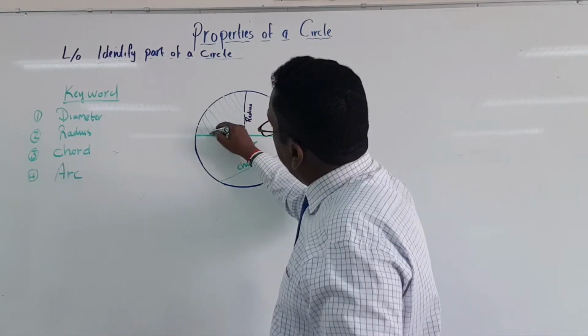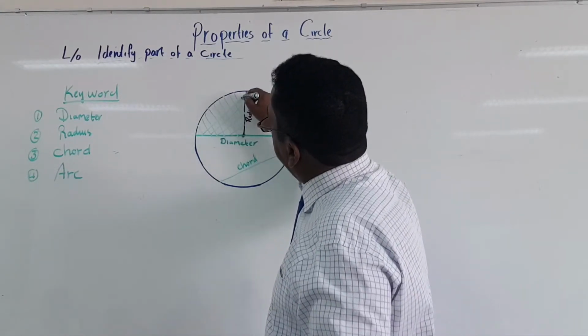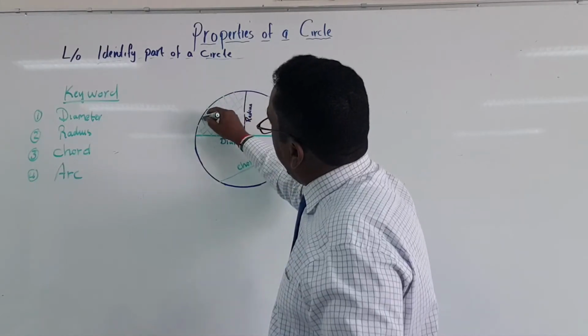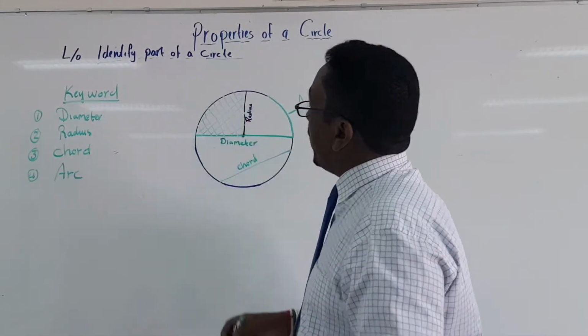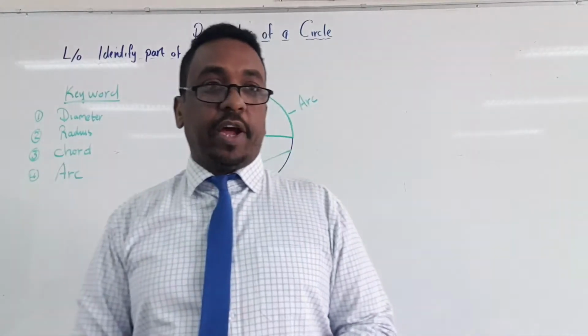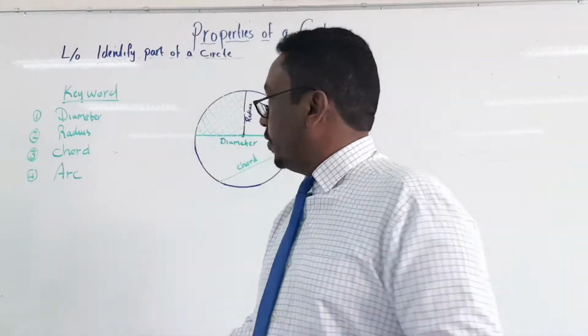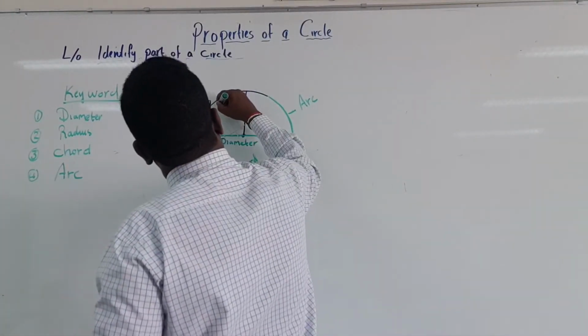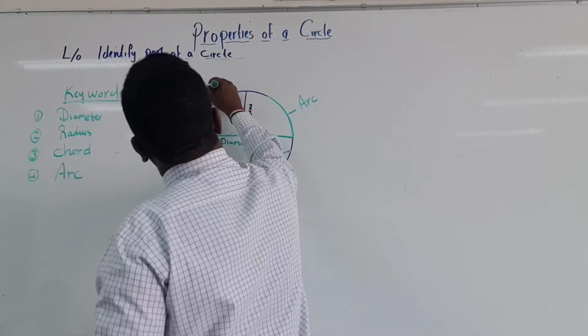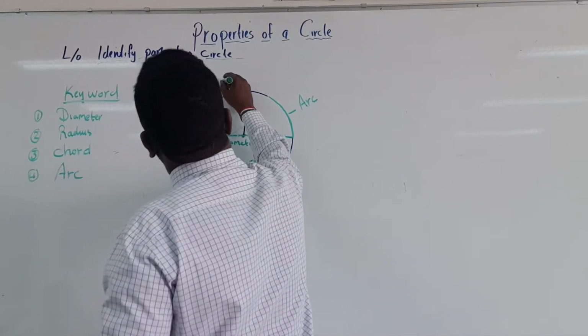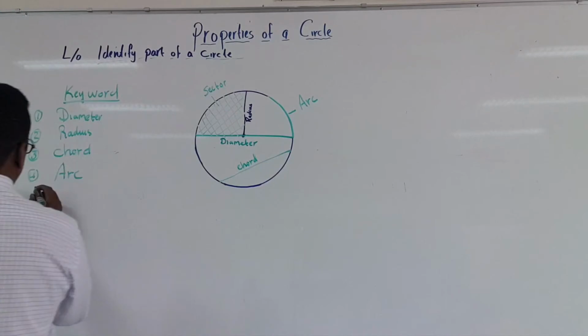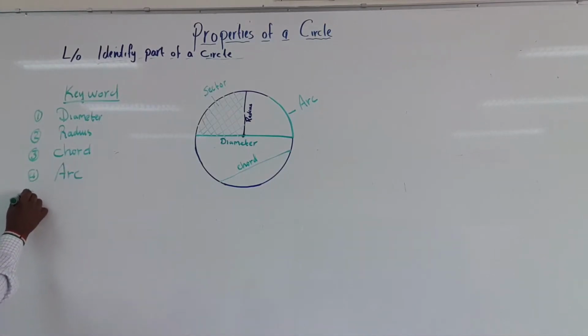It's like cutting this into 4 parts and highlighting part of it. So this part we call a sector. Okay? Here is the sector. So this is number 5. We have the sector.